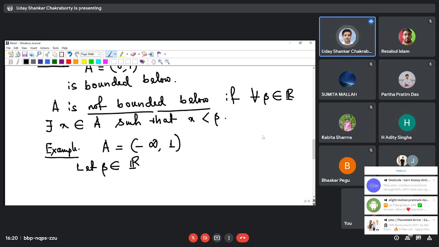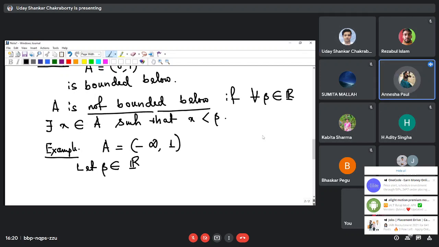Can you give me an element from the set A which is strictly less than beta? In the previous case, Bhaskar already answered. You have seen the trick. Now, can you give me a beta? Okay, then please mute.